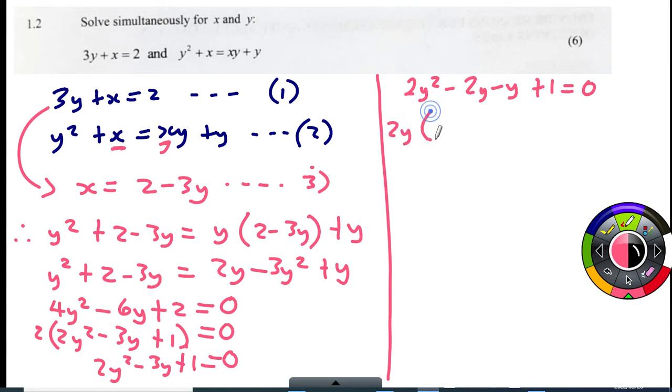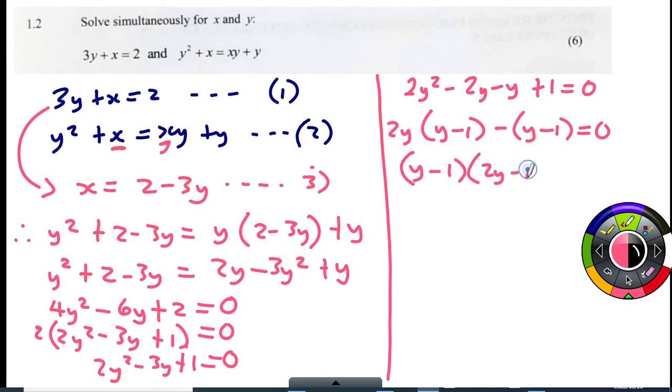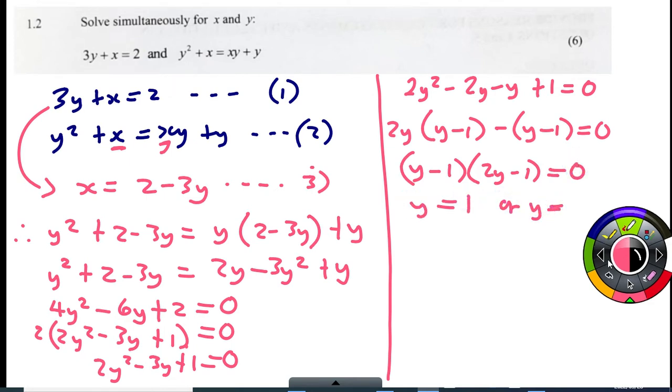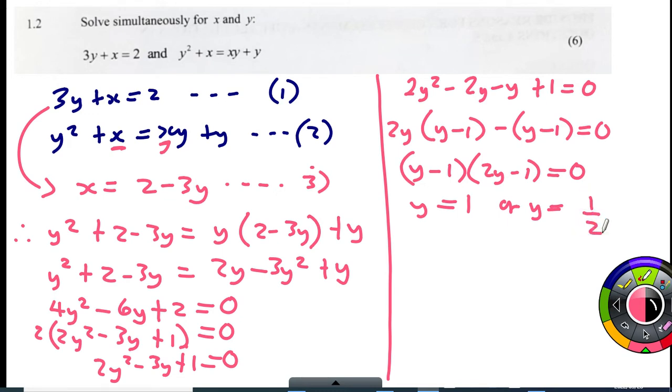So that will be 2y times y minus 1. Then there I'll factor out minus 1 and I'll get that. Okay? I'm factorizing. That should become natural to everybody. So this becomes y minus 1 times 2y minus 1 equal to 0. So y is going to be 1 and y is going to be positive a half.